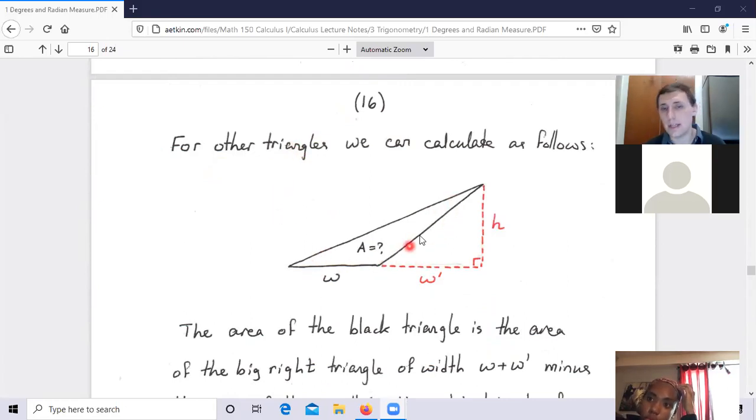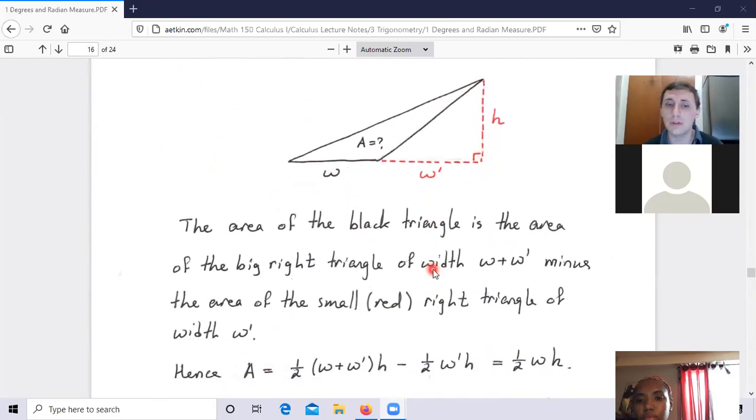Okay. So if I have another triangle, its area is not half of a rectangle, but here is what I can do. I can drop this height and build two right triangles. I have the big right triangle with width w plus w prime and height h, and the small triangle with width w prime and height h. I'm going to show that w prime is not important.